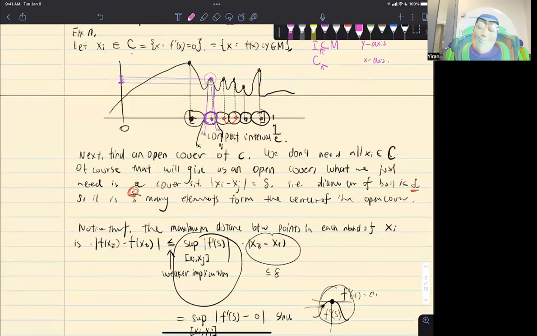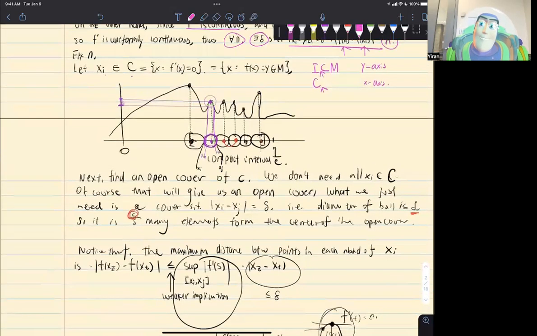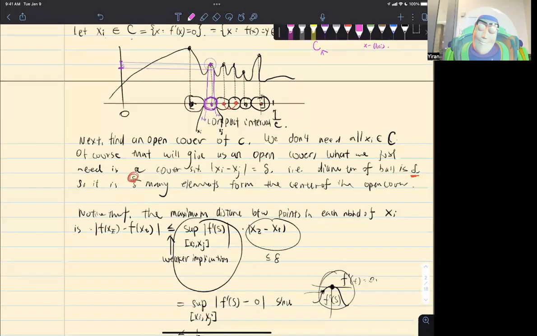What we have now is a really good cover of the interval I, which is contained in M. We're looking at each ball, and notice that because of the way we construct this open cover, each ball is going to be less than delta over 2.